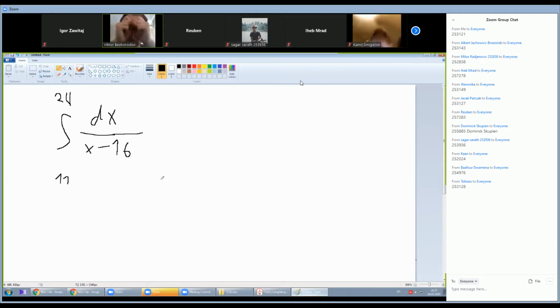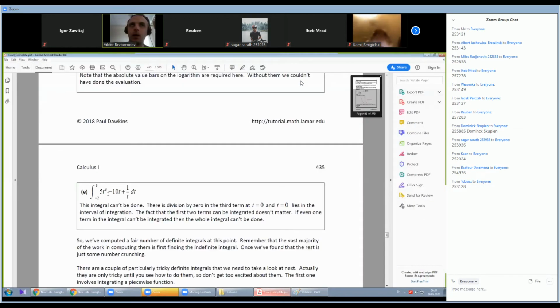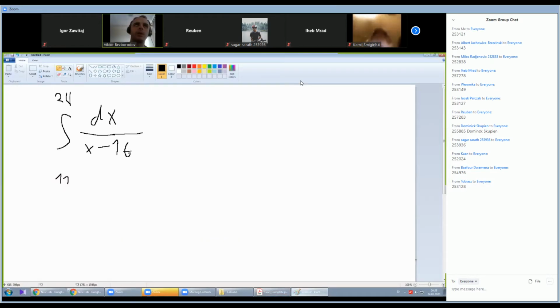This is not well defined because the denominator turns to 0 if x equals 16. And 16 lies between 11 and 24, right? So it doesn't need to be only 0. What I want to say is that the point of discontinuity can be any point, it depends on the function, really.